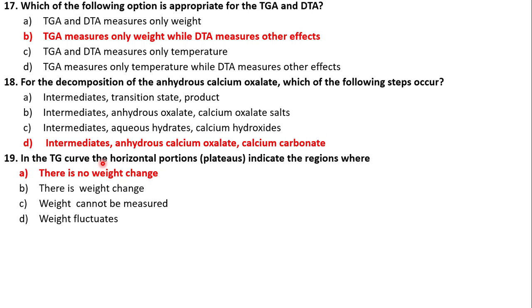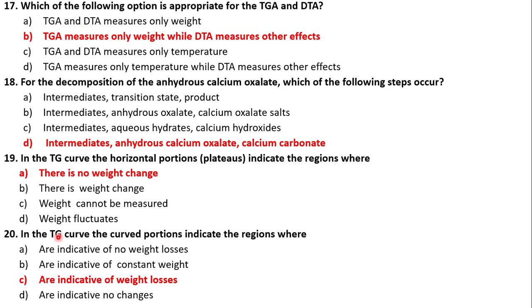In the TGA curve, the horizontal portions or plateaus indicate the regions where there is no weight change. The curved portions are indicative of weight losses.